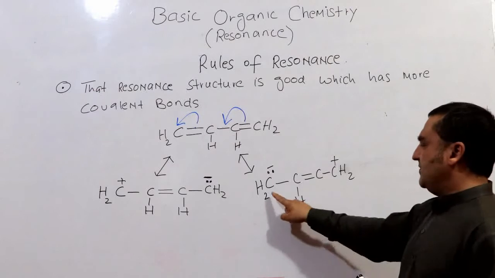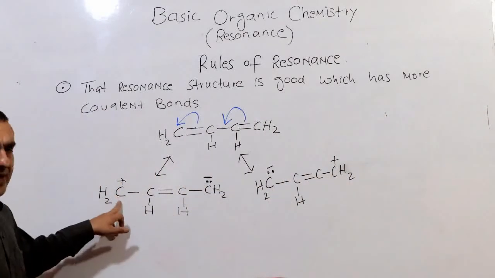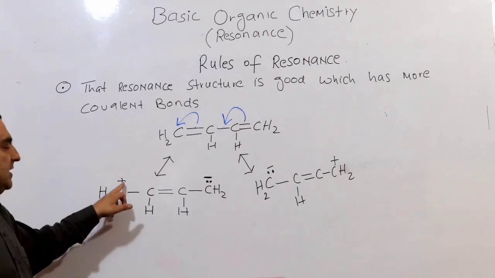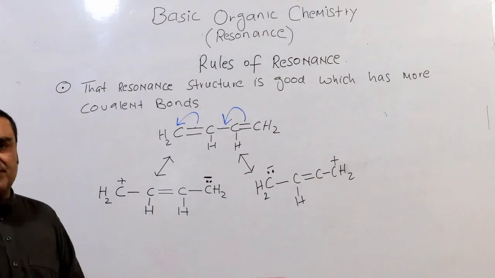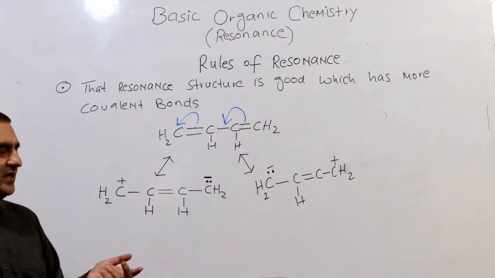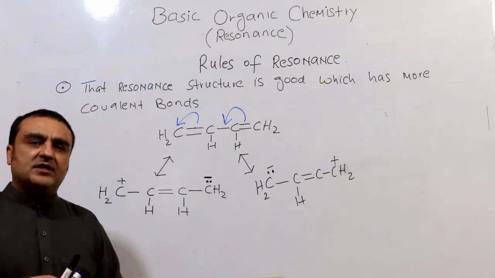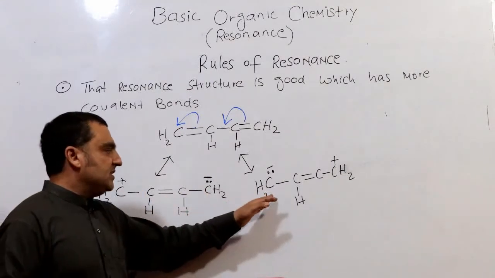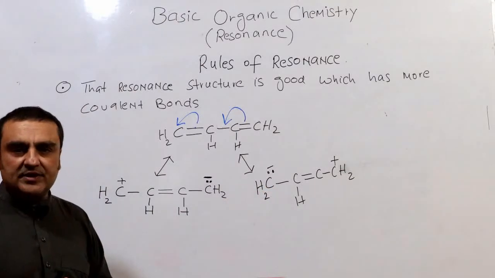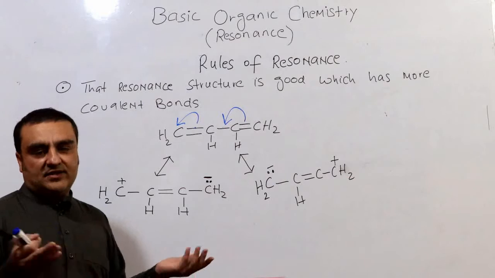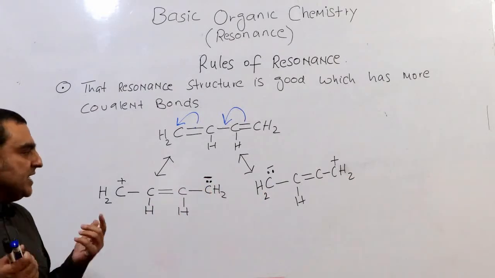Now this acquires a positive and this acquires a negative charge. But as you see, this is a primary carbon, it requires a positive charge. This is a primary carbon, this requires a positive charge. So they are the same thing. This is a primary carbon which acquired a negative charge, and this is a primary carbon which also has a negative charge.